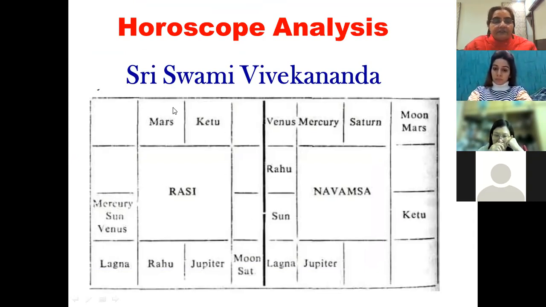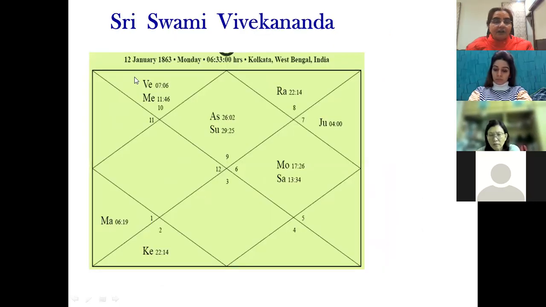Now, in B V Raman, this is the Rashi chart. Rashi chart is the Lagna chart. This is also a good concept to understand. For the South Indian chart, we can call it the Rashi chart because Rashis are fixed. And in the North Indian chart, we call it the Lagna chart because Lagna is fixed.